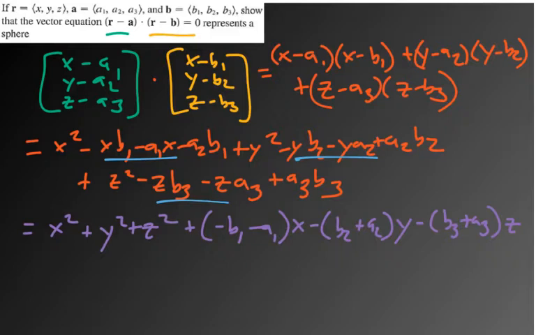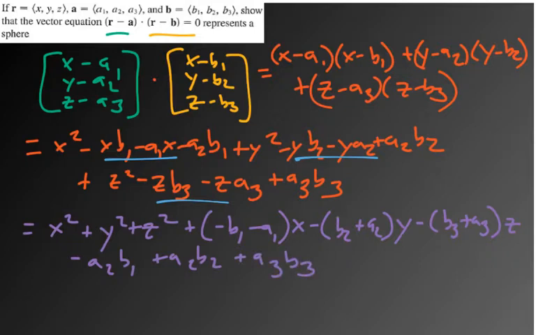And then I could move all of these constant terms over to the other side, but let's not do it yet, let's just keep it right here. And then we've got plus a3 b3.